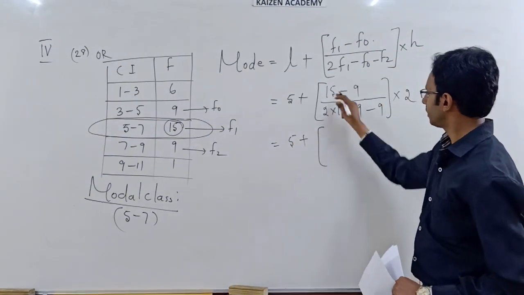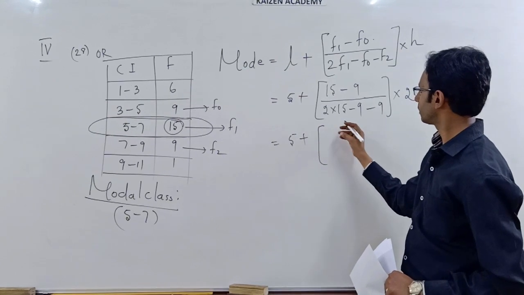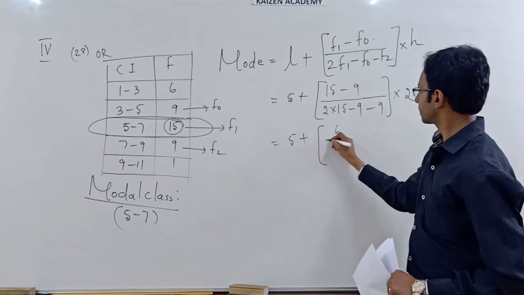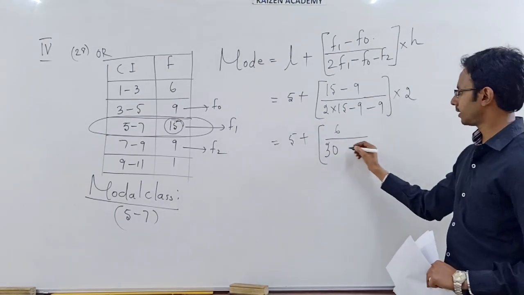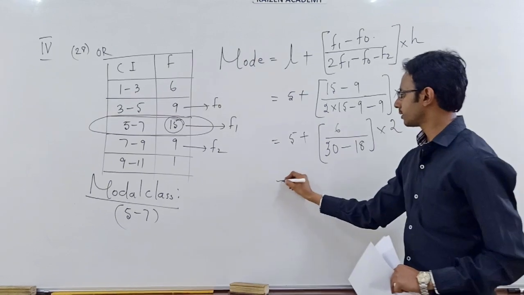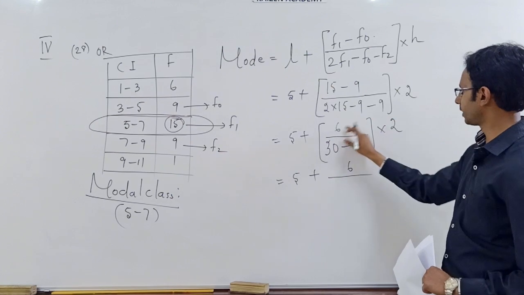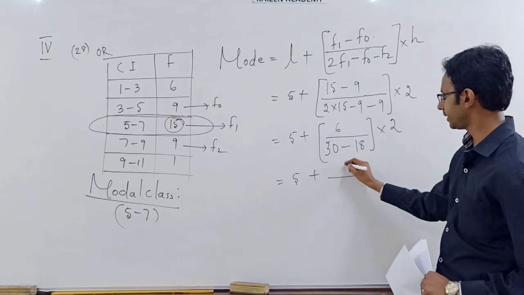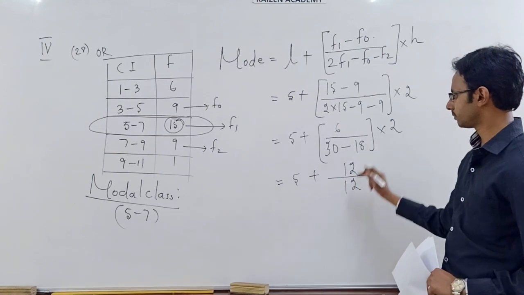5 plus 15 minus 9, you get 6. 15 twos are 30. When both the signs are the same, keep the same sign and add, you get 18 into 2. So you get 5 plus 6 divided by, or you can also multiply this, 6 twos are 12 directly. 30 minus 18, is it also 12?